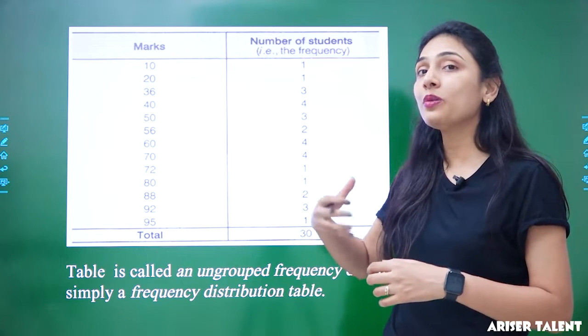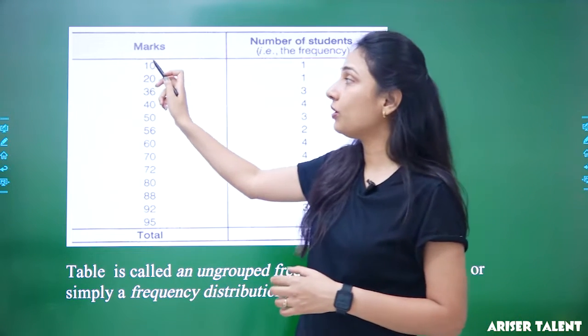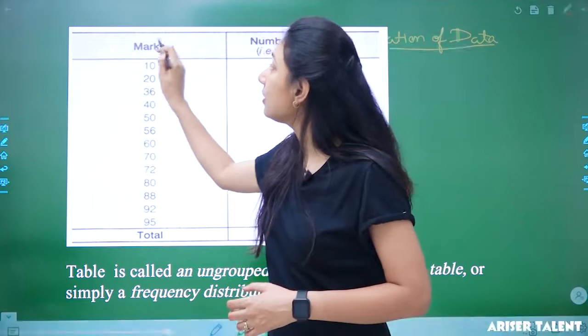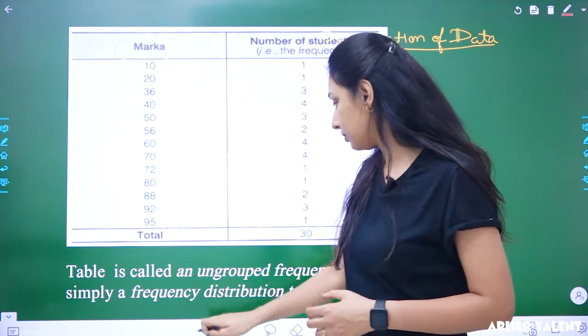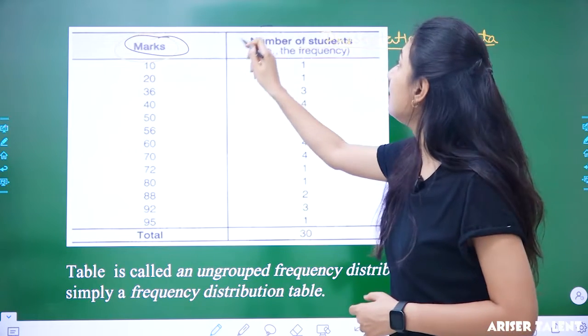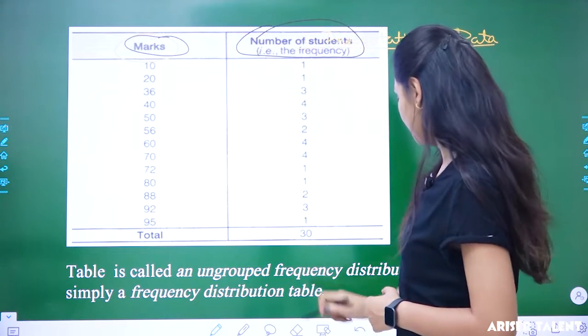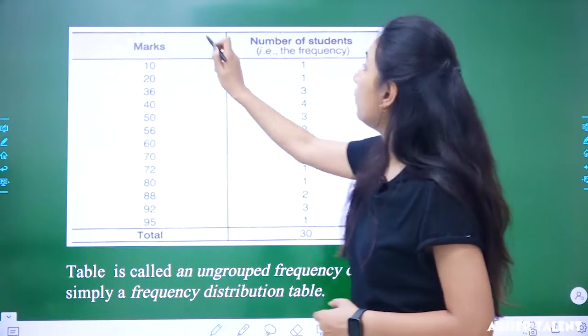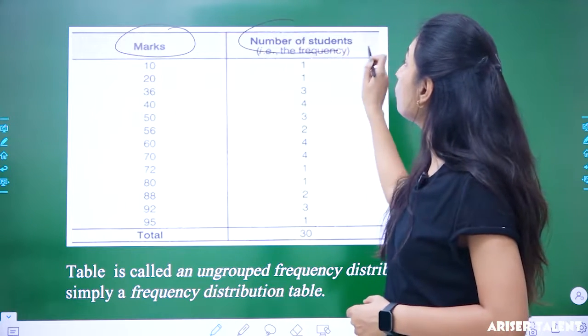So how are you going to present it? The first column you have made is of marks, and the second is the number of students.